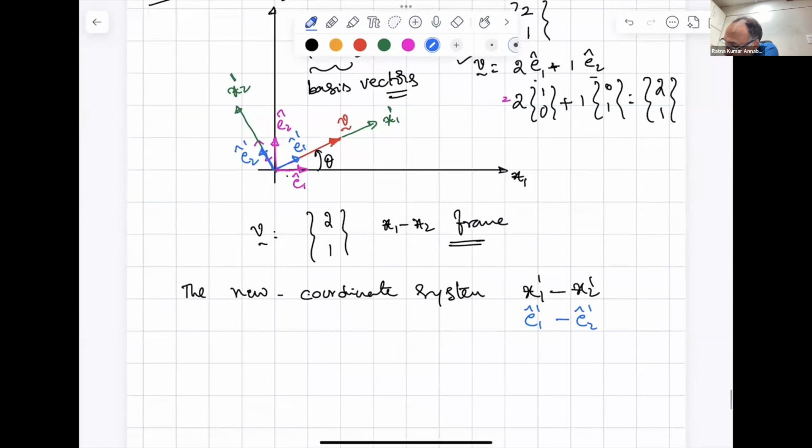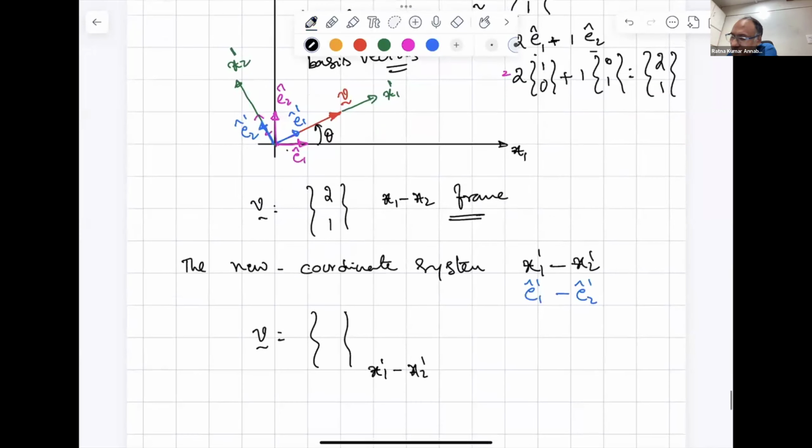Now, if the same vector v is written with respect to the x1 dash, x2 dash frame, what should be the components? Because now my basis vectors are different, I can write v as a linear combination of some value times e1 hat dash plus some value times e2 hat dash. If you look at this vector v, it is projected along e1 hat dash.